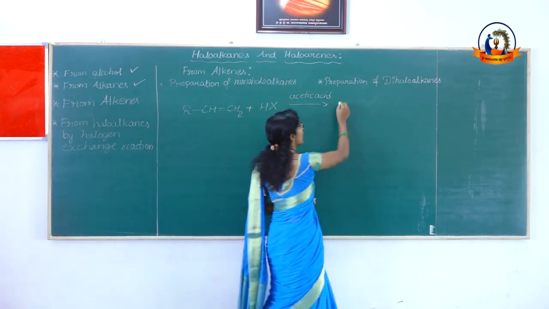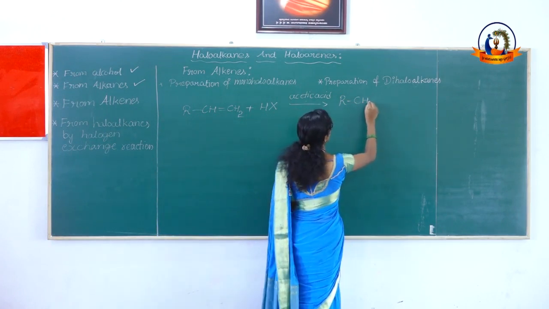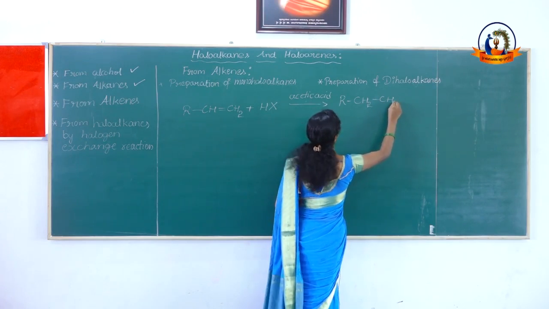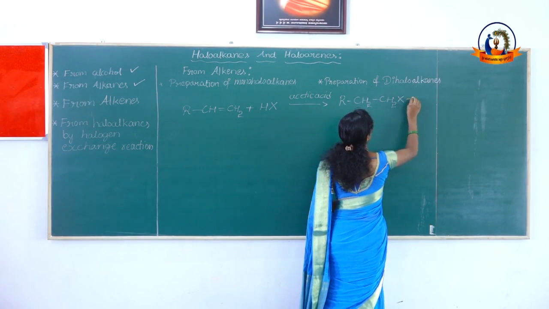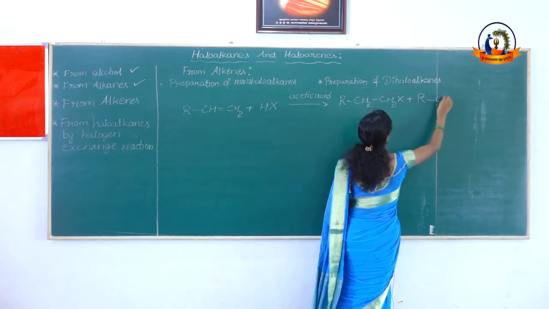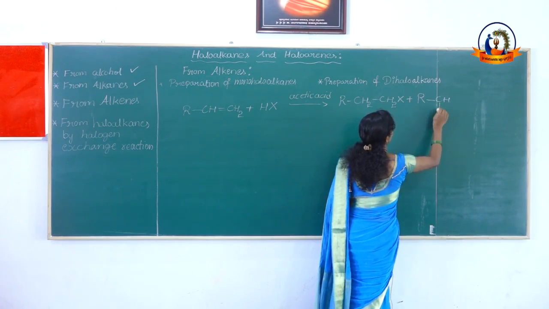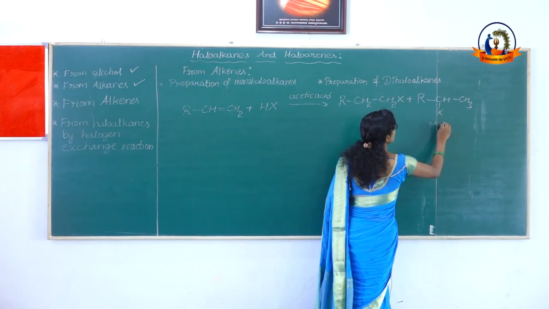It gives haloalkanes. Another one is CH3CHXCH3. This is the major product.